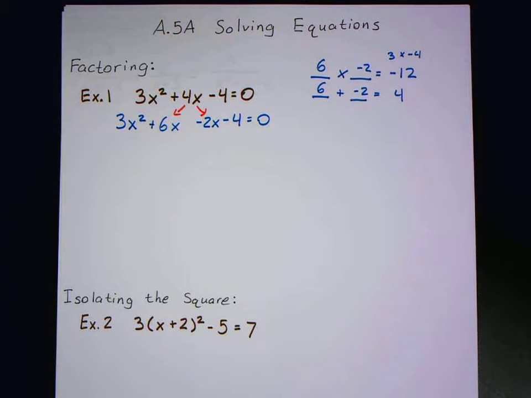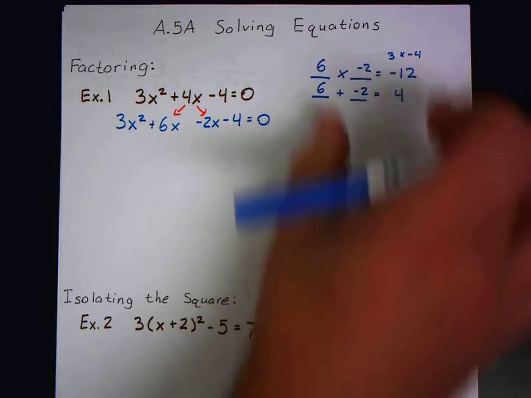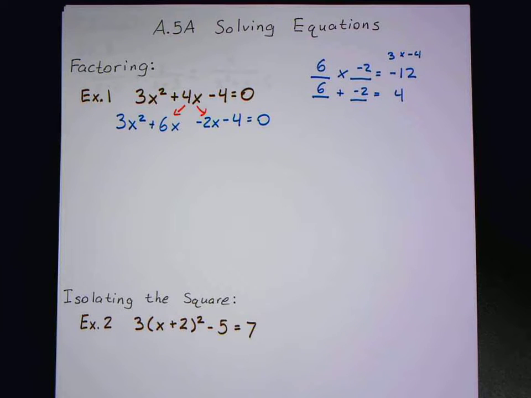I can split that middle term in any way I want to, but if I split it using any other numbers, factor by grouping won't work. So that's why we have to do it using this method over here so that my factor by grouping will work.